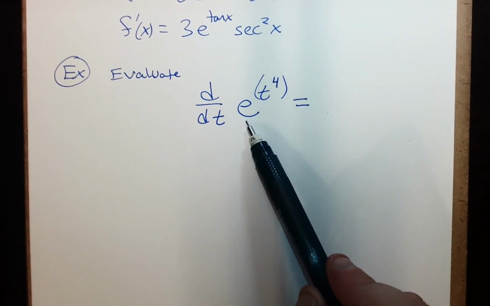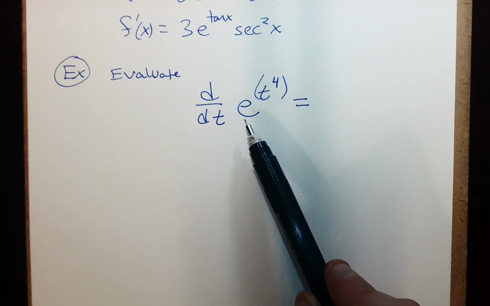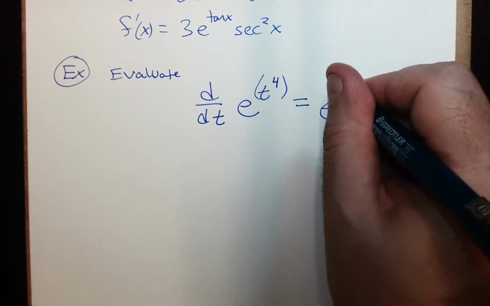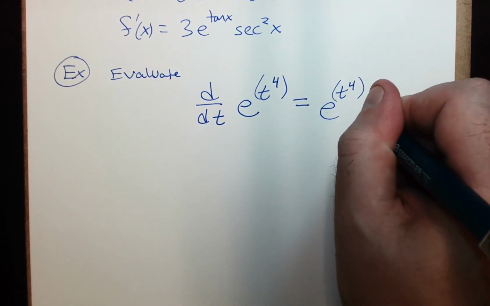Maybe I should have done an easier one, something like this. Like I could just say evaluate, I'll say d/dt, let's change the variable, t, of e to the t to the fourth, right?